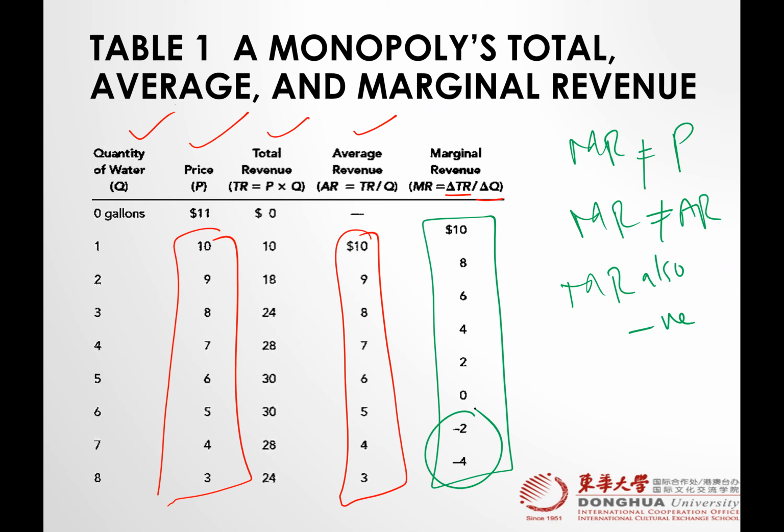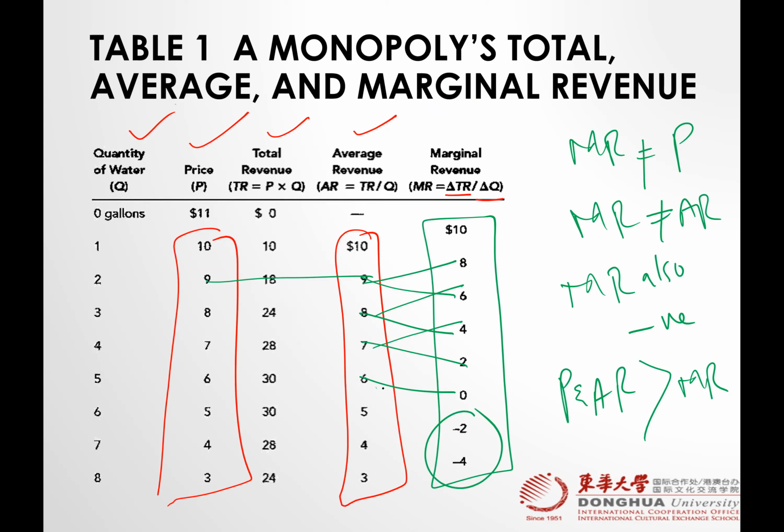And then we discussed that at every level, price and AR are always greater than MR. Look at that. This is 9, you see here, this is 6. 8, you see here, 4, right? So you can see that. Even if you go upside, this is still a lower number.